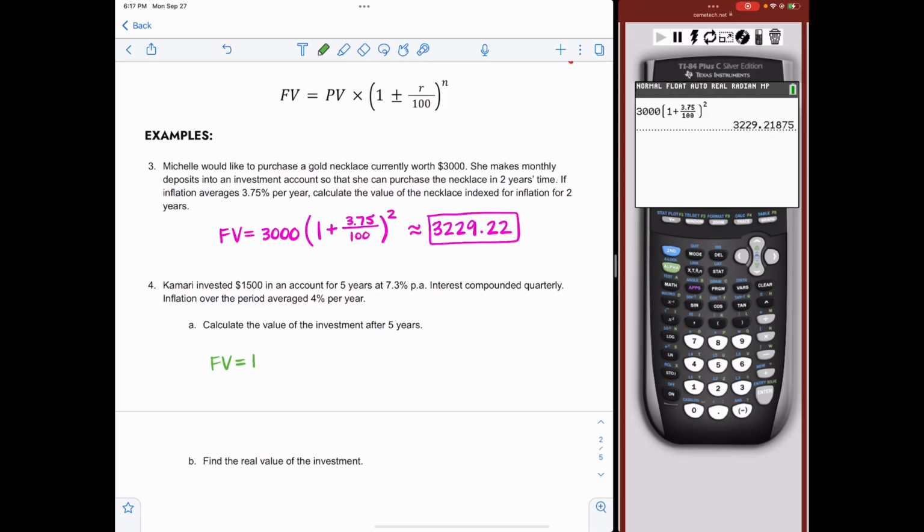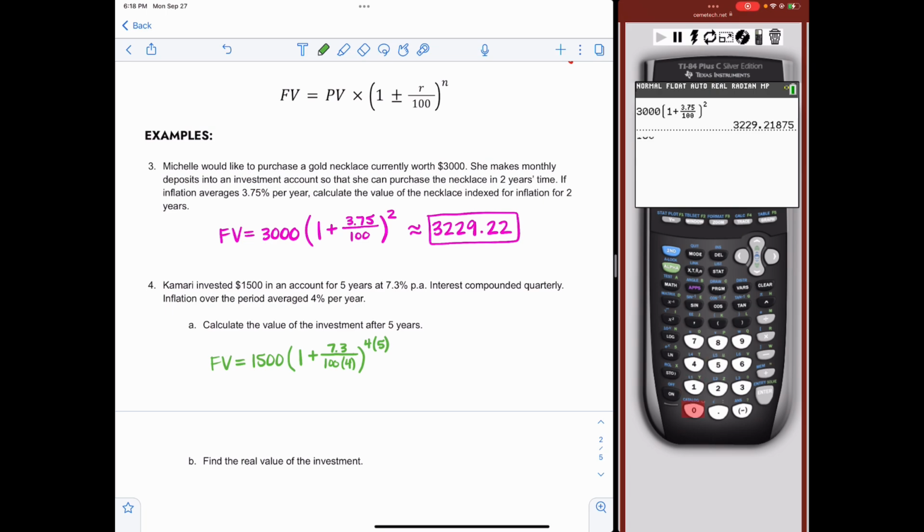So our final value is equal to 1,500, which is currently what he put in, times 1 plus 7.3 divided by 100 times 4, because K is 4, it is compounded quarterly, 4 times a year, to the power 4 times 5, because 4 times a year over 5 years.